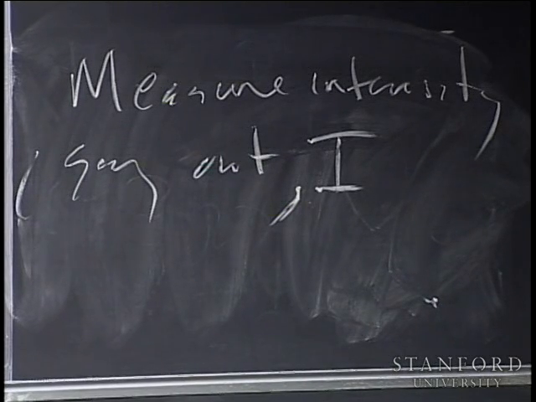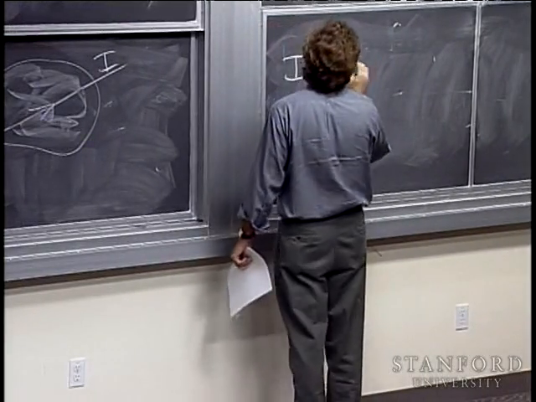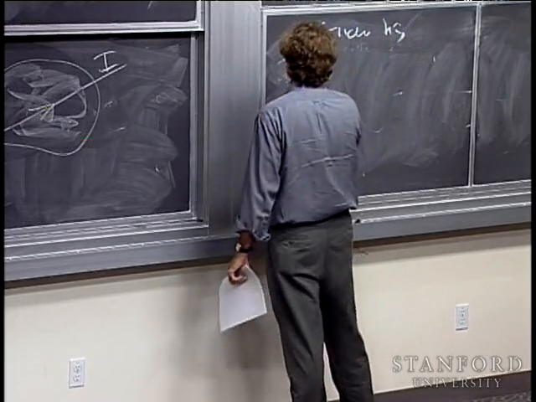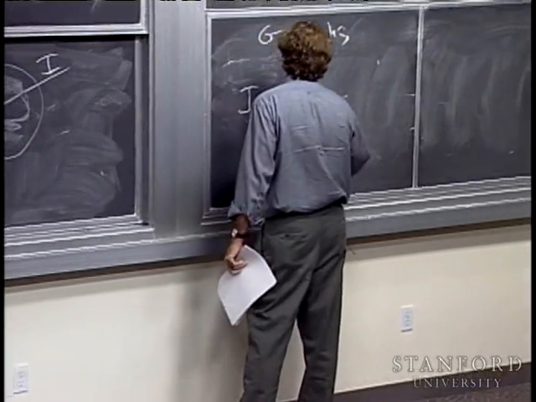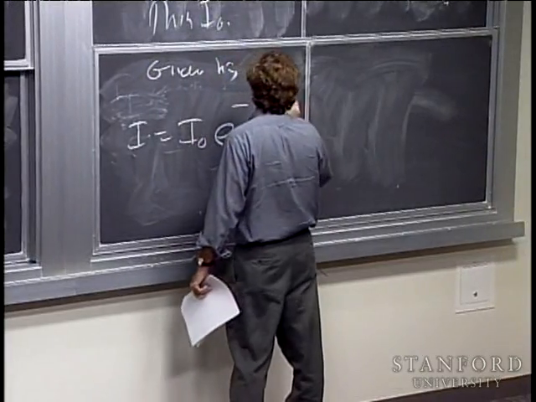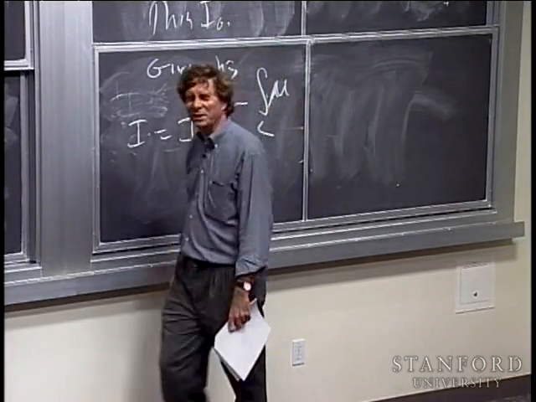So this is I naught going in, I coming out. It's attenuated, it drops exponentially. The intensity coming out is the intensity going in, and it drops exponentially according to the integral of mu along the line, sort of like the average density.